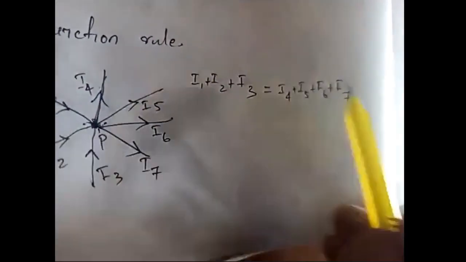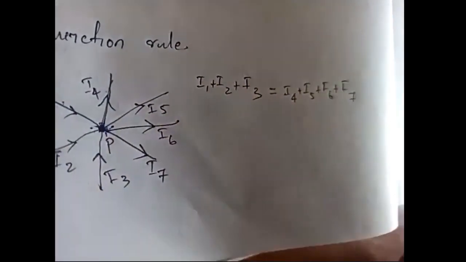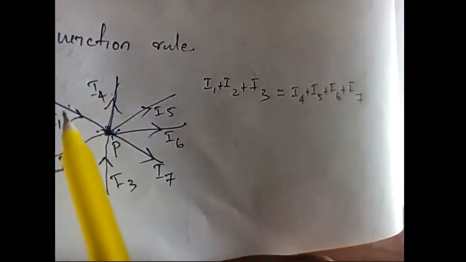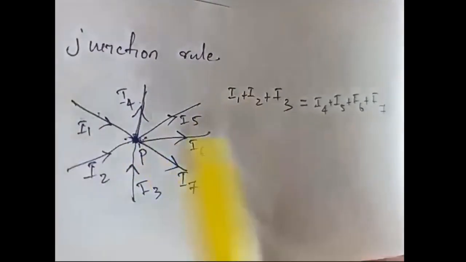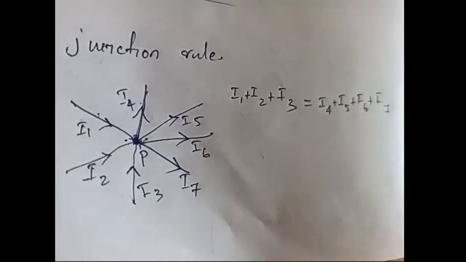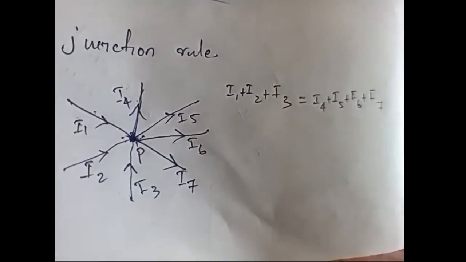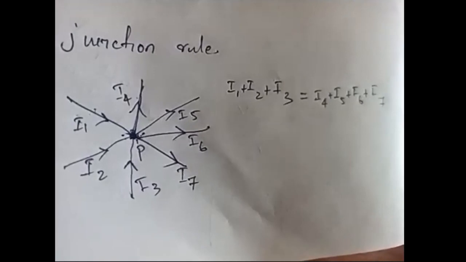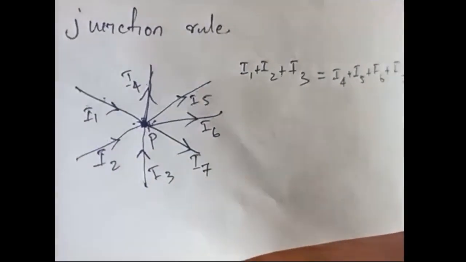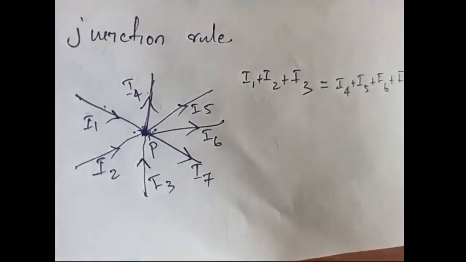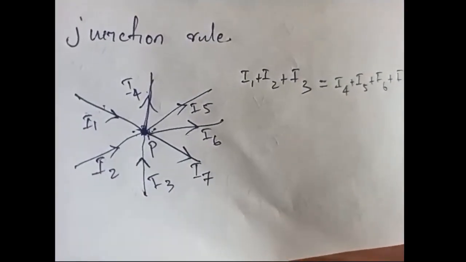So if you add all these currents, it will be equal to 0, because the currents coming to this junction will be taken as positive and the currents leaving the junction will be taken as negative. So the total current will be equal to 0.